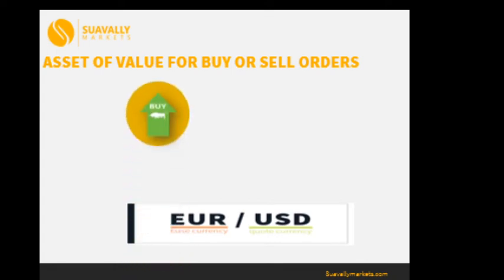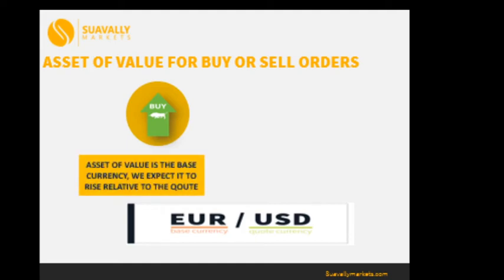When you buy, in this example, you're essentially buying the base currency using the quote currency, which means you're buying the euro using the USD. The asset of value in this case is the base currency because it's a buy order, and the base currency in this example is the euro.